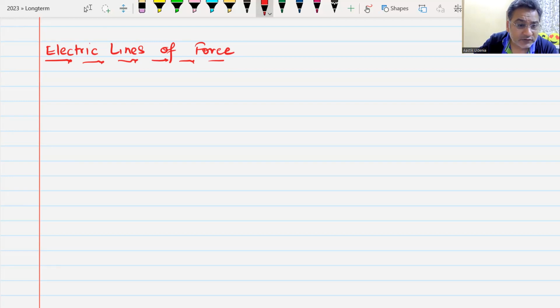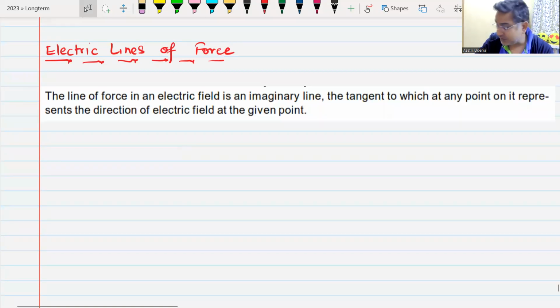The line of electric force is an imaginary line which is drawn in such a way that the tangent drawn at any point on that line will give me the direction of electric field at that point, or if you want to call it in terms of force, it will give me the direction of electric force experienced by a positive charge which is placed at that point. Do we understand this?